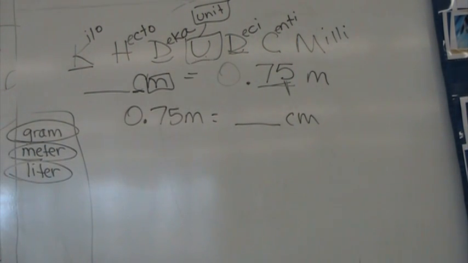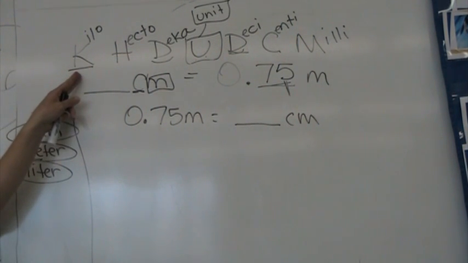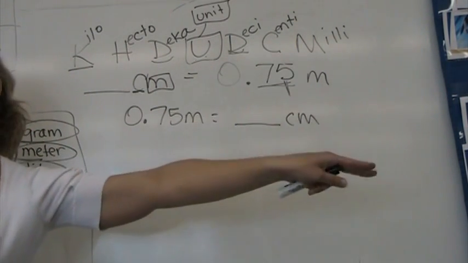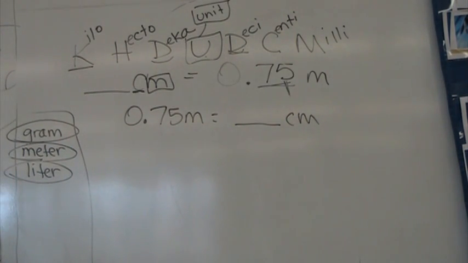It's not the M on the end. With your metric system, the first ones are the largest, and as you go down, it gets smaller and smaller and smaller. So the smallest unit in the metric system is the milli, and the largest is the kilo.